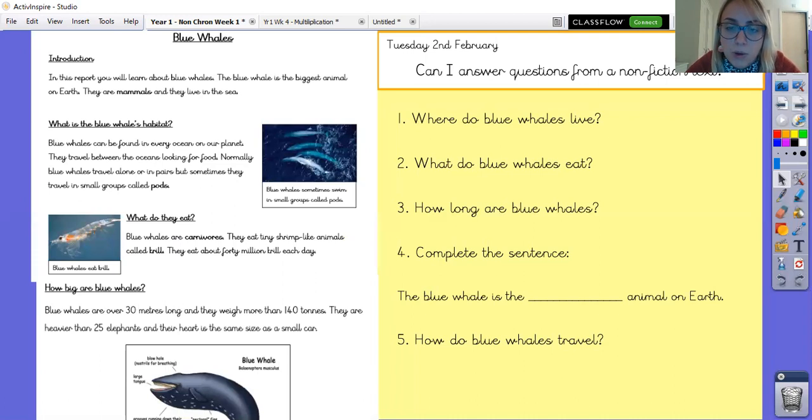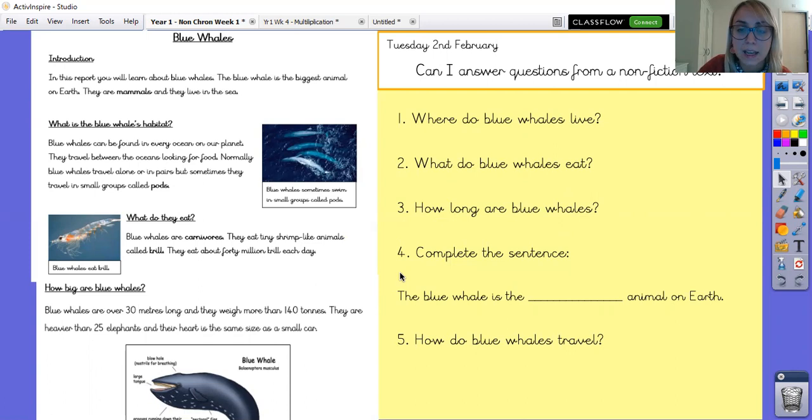So this is what you're going to be recording into your books. So you have 5 questions to answer. I'm going to read out each of those questions to you now. So number 1 is, where do blue whales live? So where do blue whales live? Number 2 is, what do blue whales eat? Number 3 is, how long are blue whales?